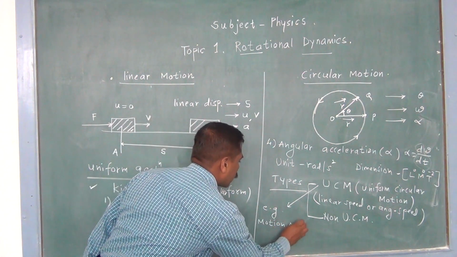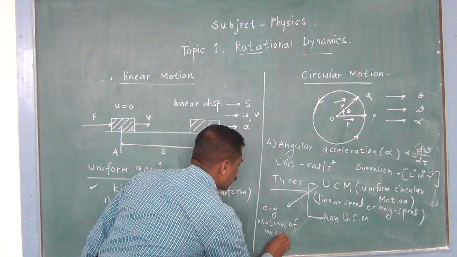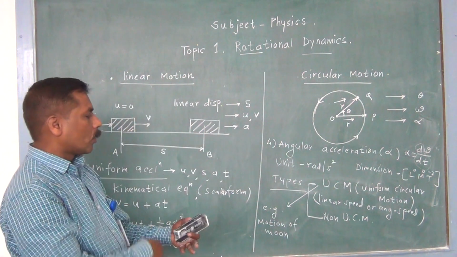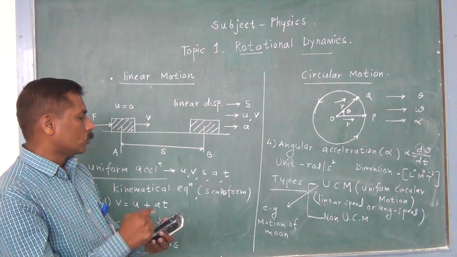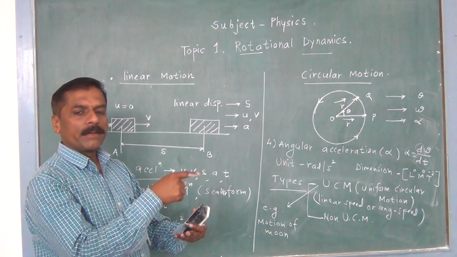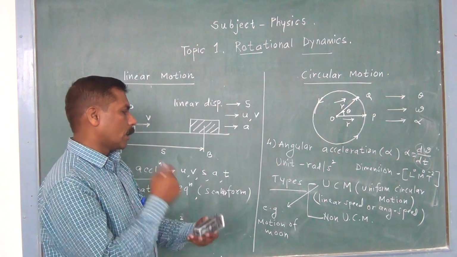When we consider the motion of the moon, it is continuously revolving around the earth. So the speed of the moon is the same when it is moving about the earth.